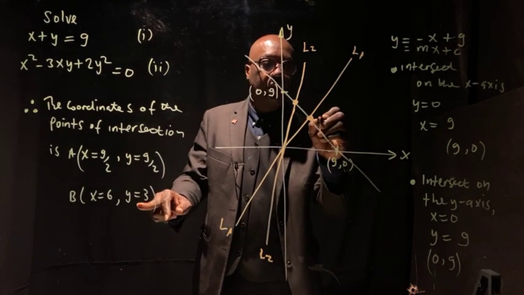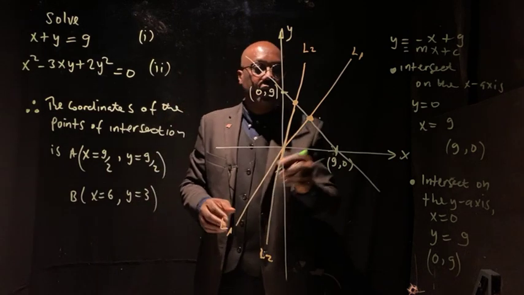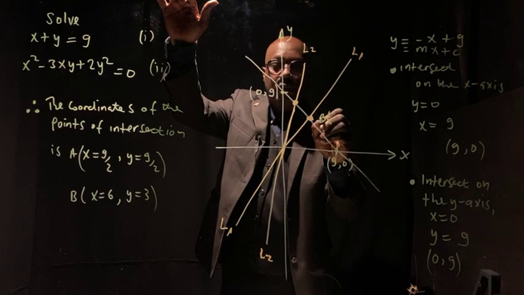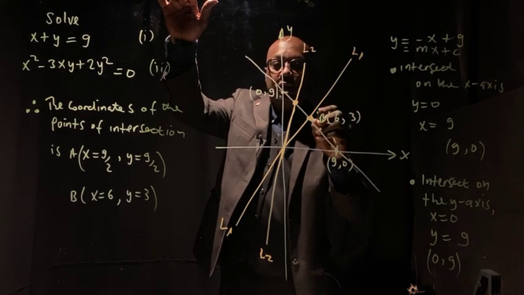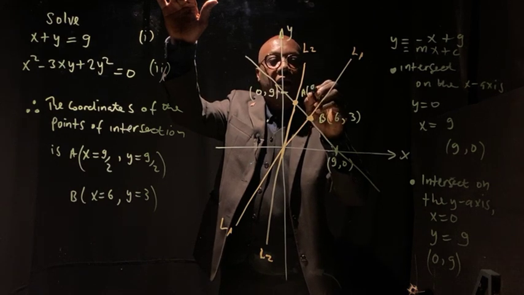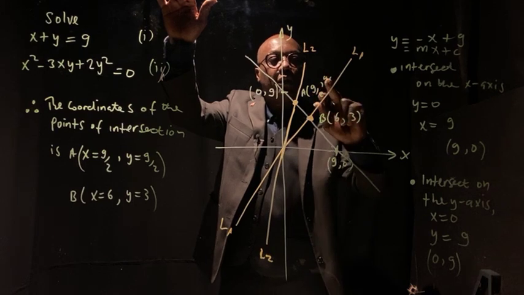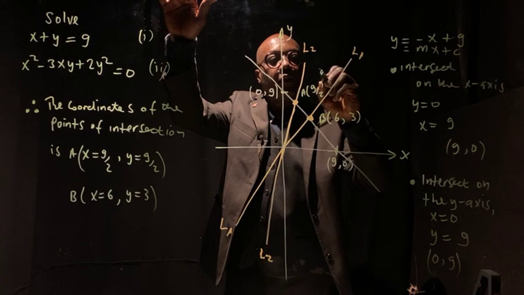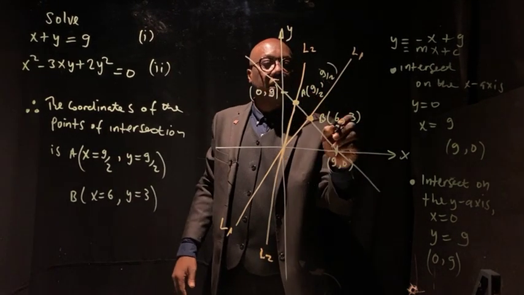This will be the B coordinate, 6 and 3. And the A coordinate will be this one, 9 over 2, 9 over 2.